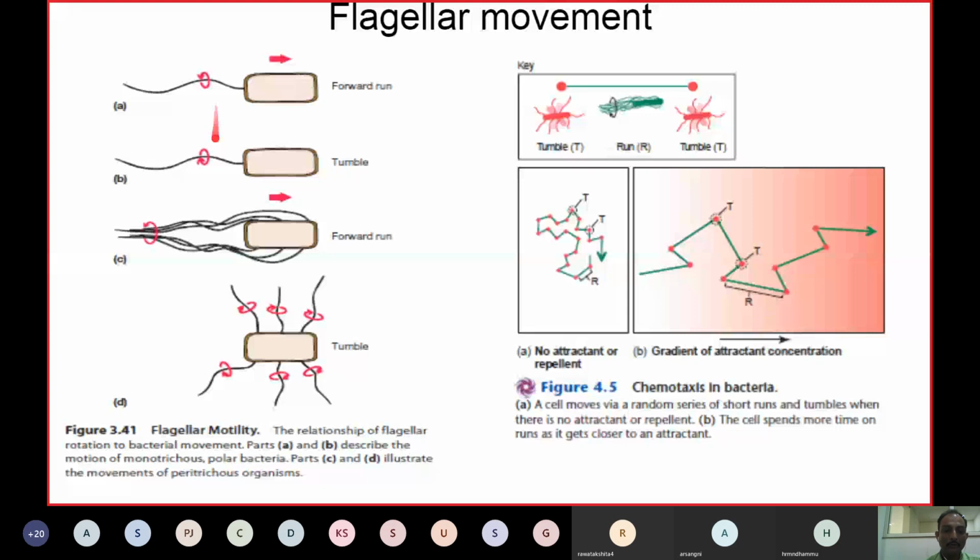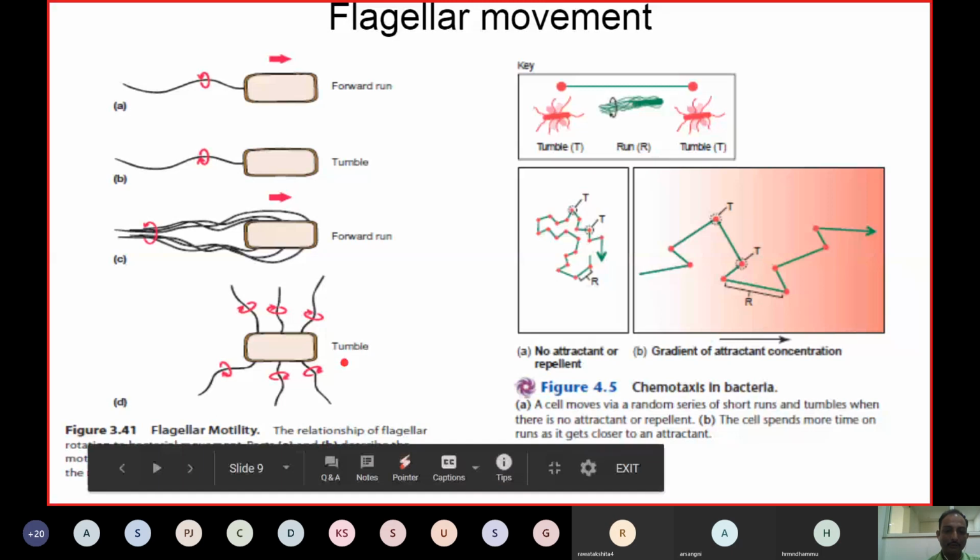But in peritrichous bacteria, where flagella are present all over the surface of the body, you can see that each flagellum moves anti-clockwise, and it helps the bacterium move forward. Likewise, if each flagellum moves clockwise, then it tumbles or stops.